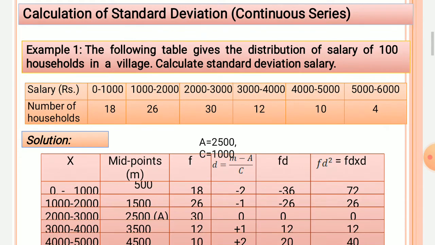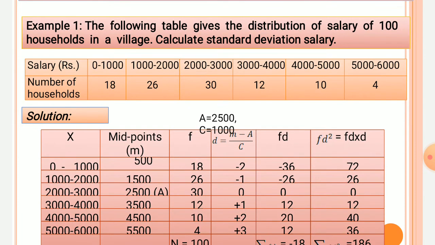Here we have to make a table showing various items. The class interval, x, in the first column, then we calculate the midpoint, and the given frequency is shown in the third column.